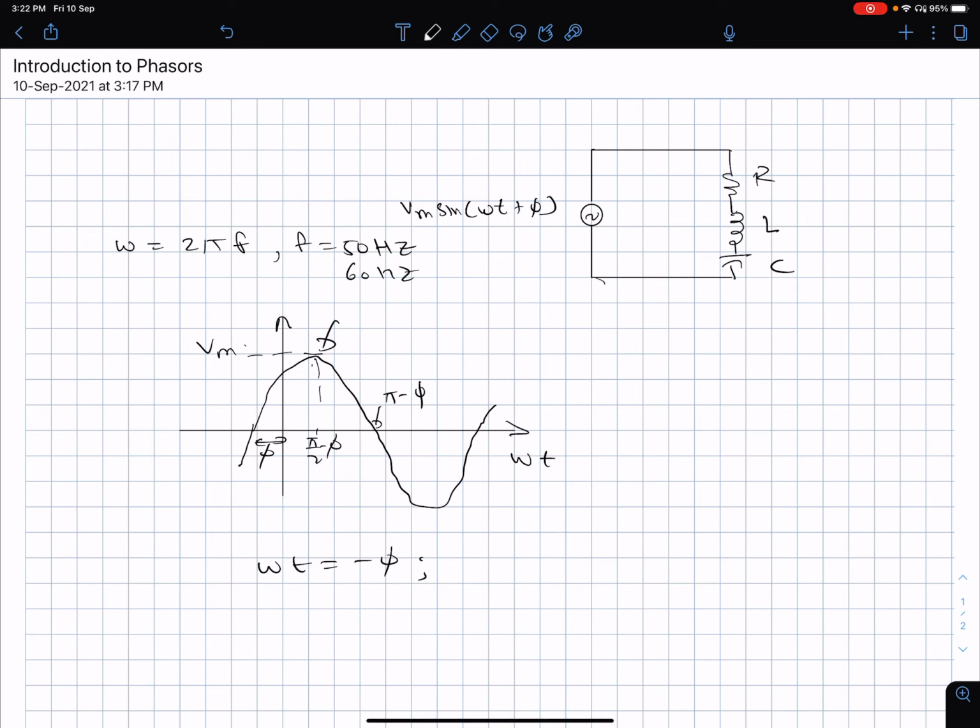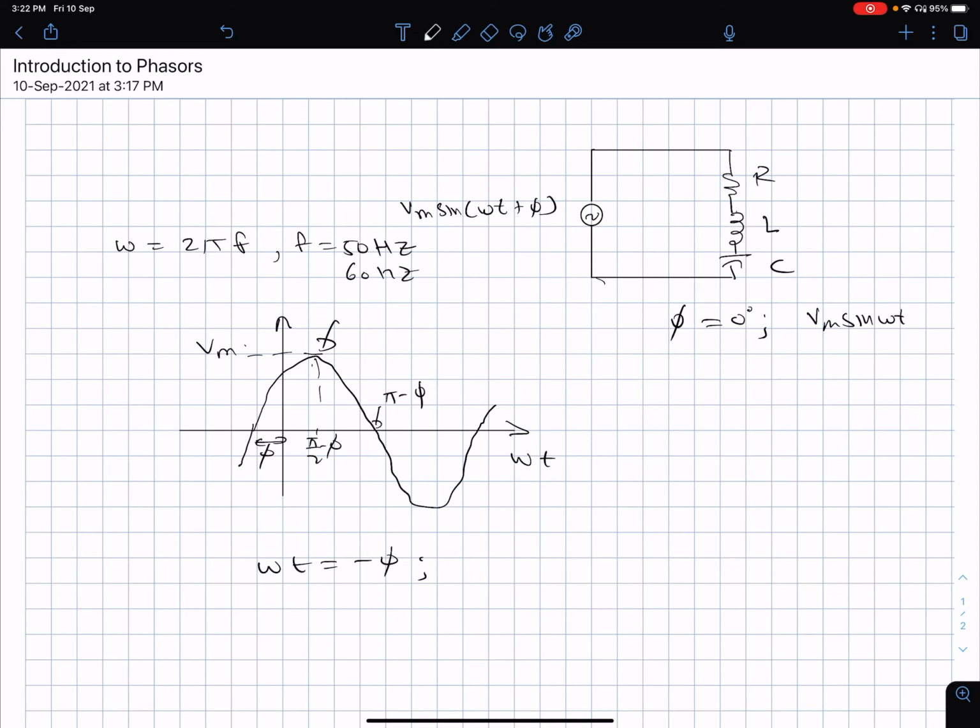So if the phi is at 0, you will get your regular Vm sine of omega t.